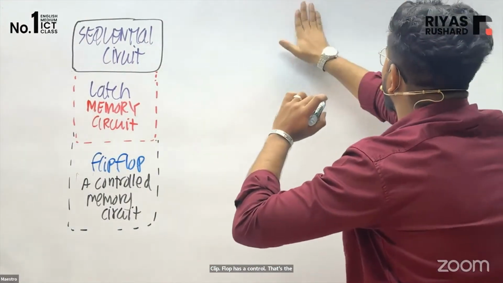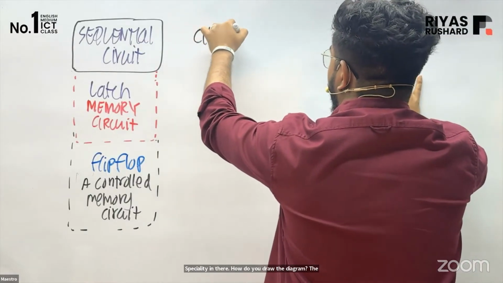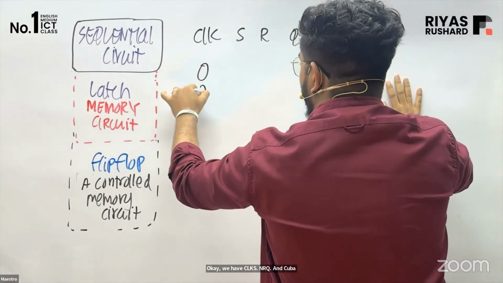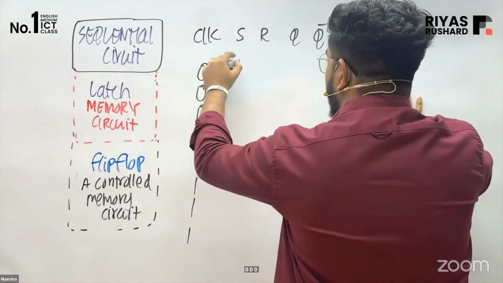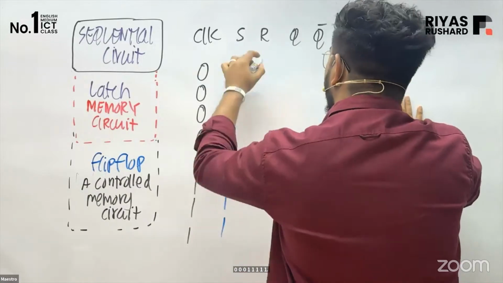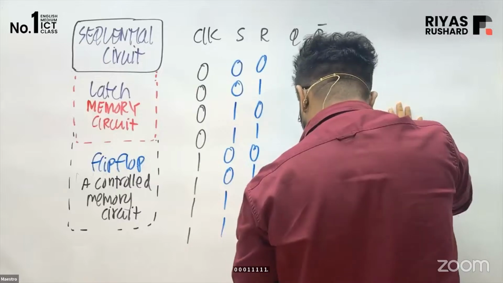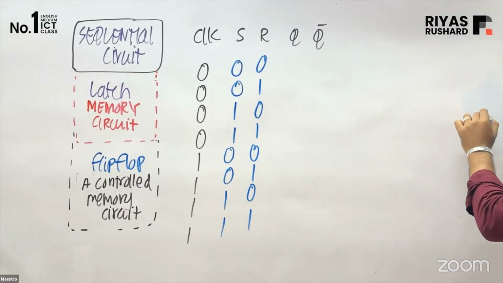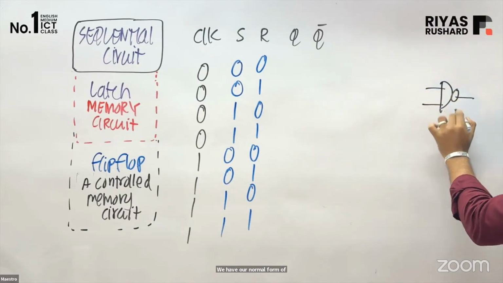How do you draw the diagram? The diagram is going to be easy. We have CLK, S and R, Q and Q bar. 0, 0, 0, 0, 1, 1, 1, 1. Okay, let's see. We have our normal form of a latch.